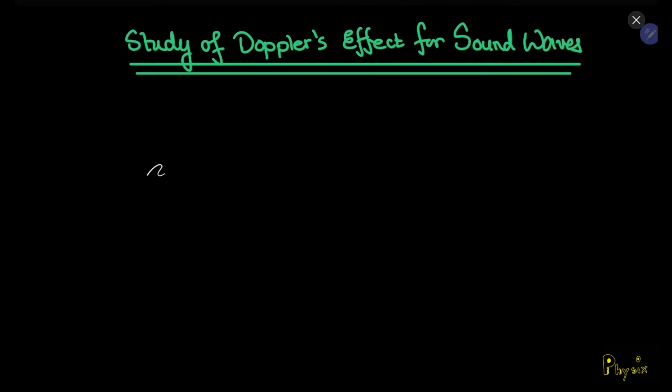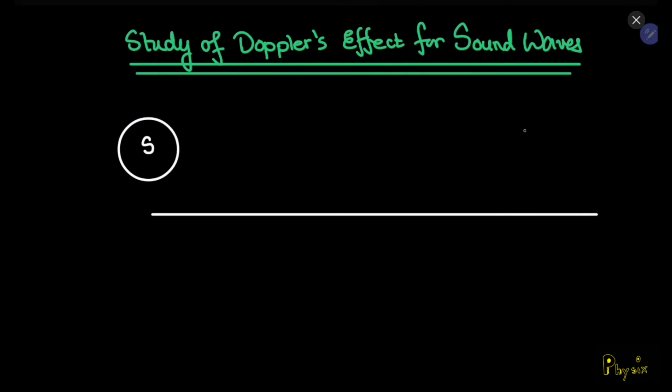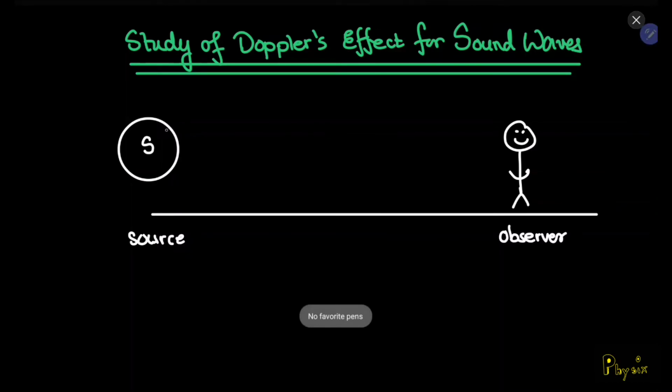Let's say that the sound source is given by this particular figure, and the sound source is located in the same plane as your observer. Now, in this case, let's say that both of them are stationary. Of course, this is the source.